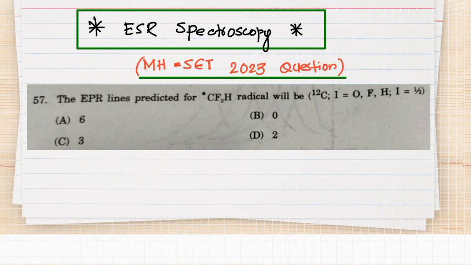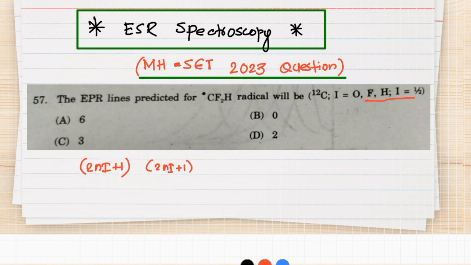The EPR lines predicted for the compound CF2H radical will be... here the I value is mentioned for hydrogen and fluorine. You know that the number of lines can be calculated with the formula 2nI plus 1 for a single kind of nucleus, and the product of such terms for different nuclei.